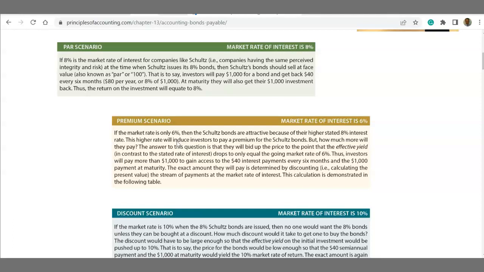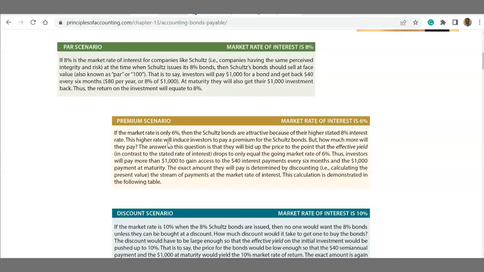But by the time every paperwork is ready for the bond to be issued, the market interest rate for the company goes to 6%. They're not going to throw away those certificates that they printed already. They're going to use the same certificate, all the agreements and paperwork that are ready. All they're going to do is issue the bond at a premium.